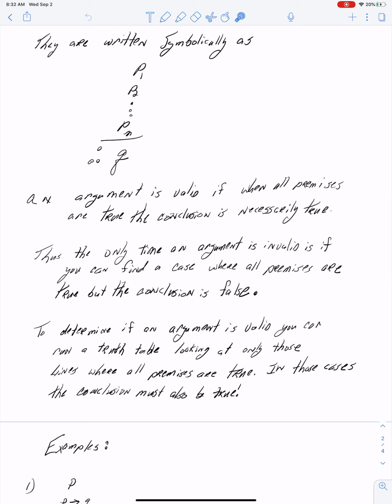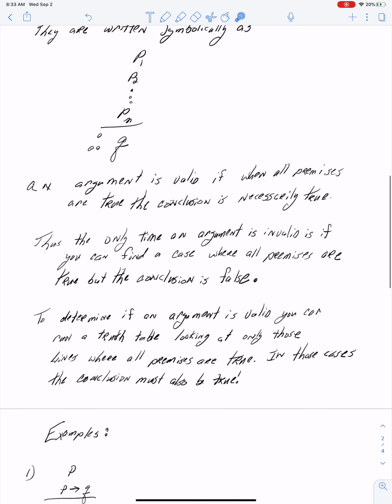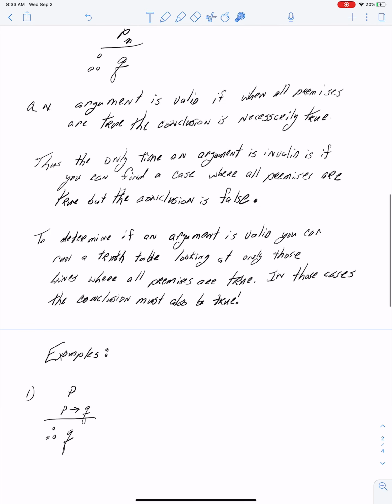Now, when is an argument valid? Arguments aren't true or false. They're not propositions. They're either valid or invalid. So an argument is valid if, given all the premises are true, the conclusion is necessarily true. Anytime you have an argument such that if all the premises are true, the conclusion is necessarily true, then that argument is called valid.